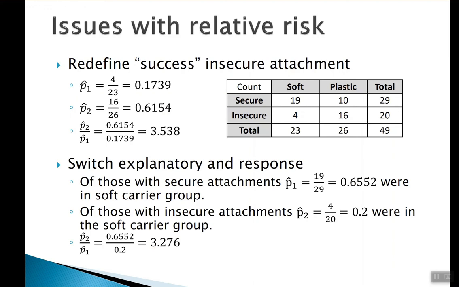Another problem comes if you try to switch the explanatory and response variable. So here, let's say that we were saying of those with secure attachments, how likely were they to be in the soft group? Of those with insecure attachments, how likely were they to be in the soft group? If you do it this way, we get yet another relative risk. So again, we've got the same data, but we've calculated 3 different numbers for the relative risk.